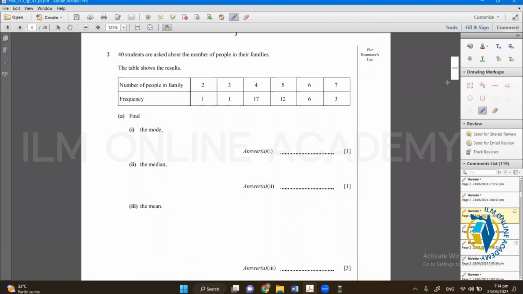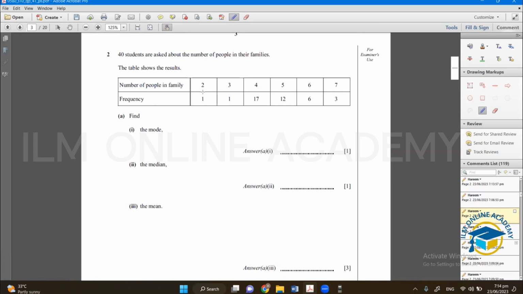there is question number 2, which is an information handling type question, basically statistics. It has the mode, median, mean. Question number 2: 40 students are asked about the number of people in their families, and the table shows the result. Let me explain the table.